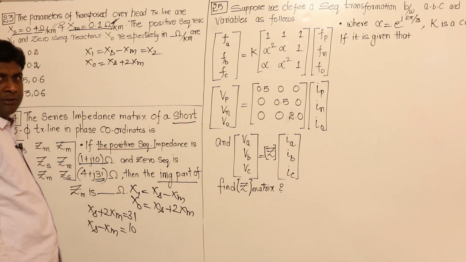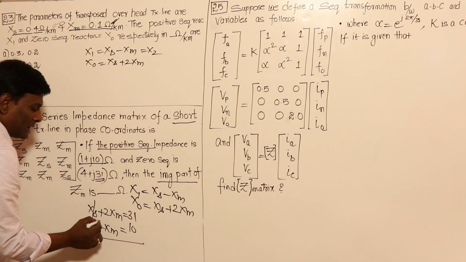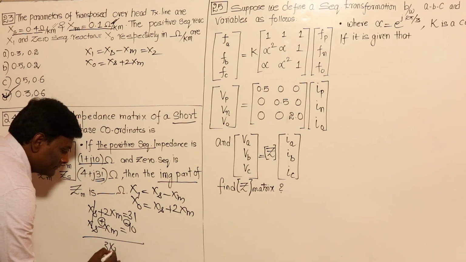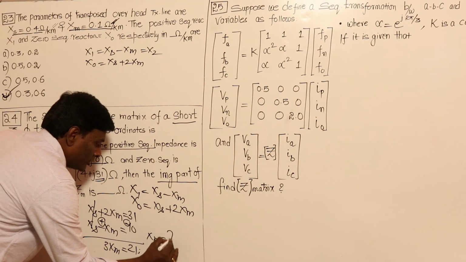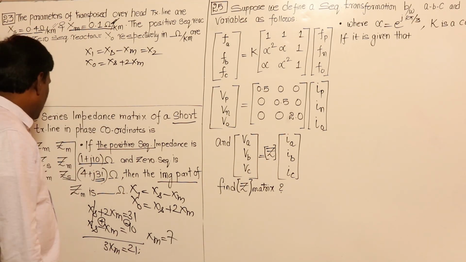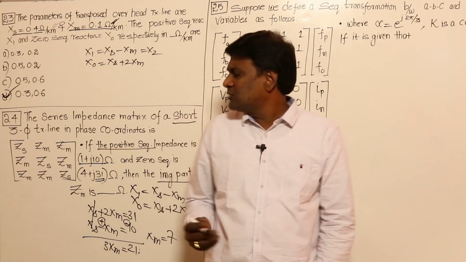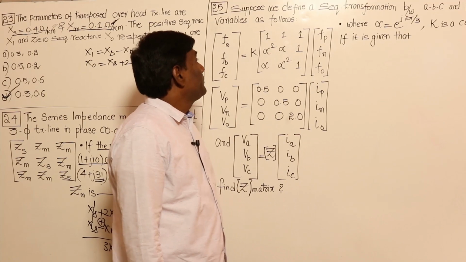Only imaginary parts I am considering. So subtracting, minus of minus will be plus, this is going to be 3XM equal to 21. So XM is going to be 21 by 3, which is 7. The imaginary part of Zm they asked is nothing but XM, that is 7.